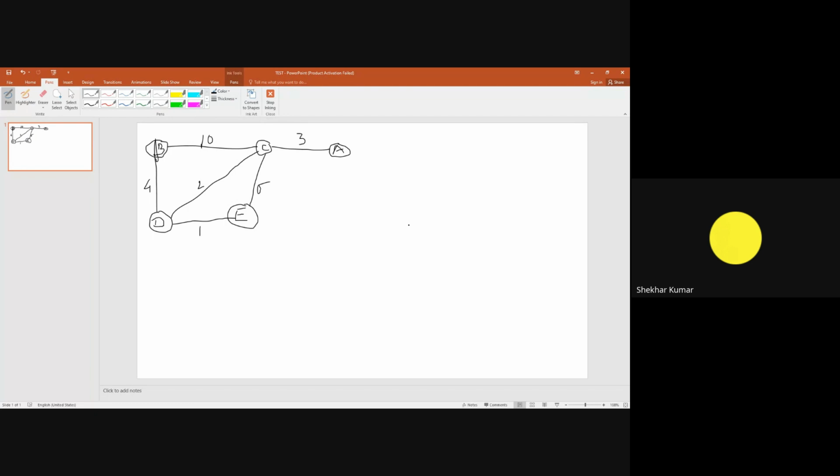In Prim's algorithm, first we select a random vertex, randomly select any vertex. After that, we cover all the adjacent vertices by selecting the minimum edge.